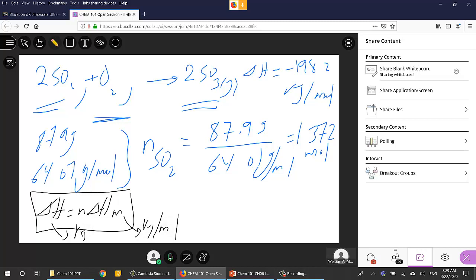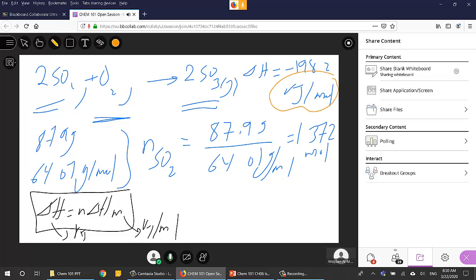So that's the difference between them. Okay? So delta H is equal to n delta H molar. In many of these questions, it's asking you for delta H, giving you delta H molar, or the other way around. In this question, he is providing you with the delta H molar, because it's in kilojoule per mole, and he's asking for delta H.